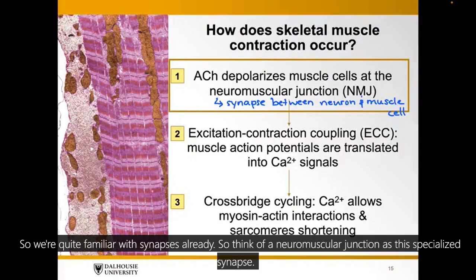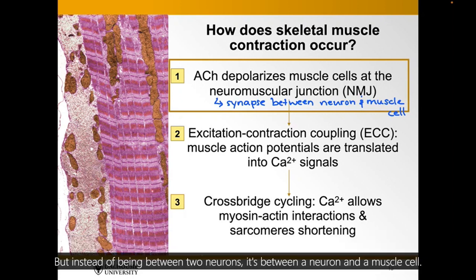So we're quite familiar with synapses already. So think of a neuromuscular junction as the specialized synapse, but instead of being between two neurons, it's between a neuron and a muscle cell.